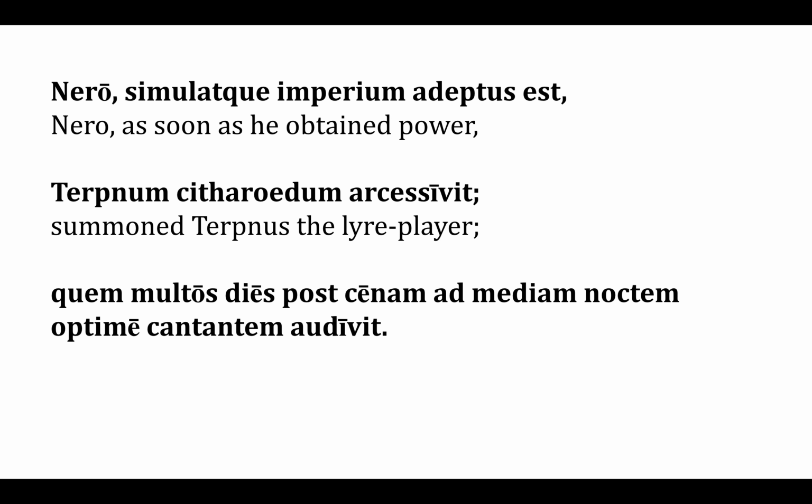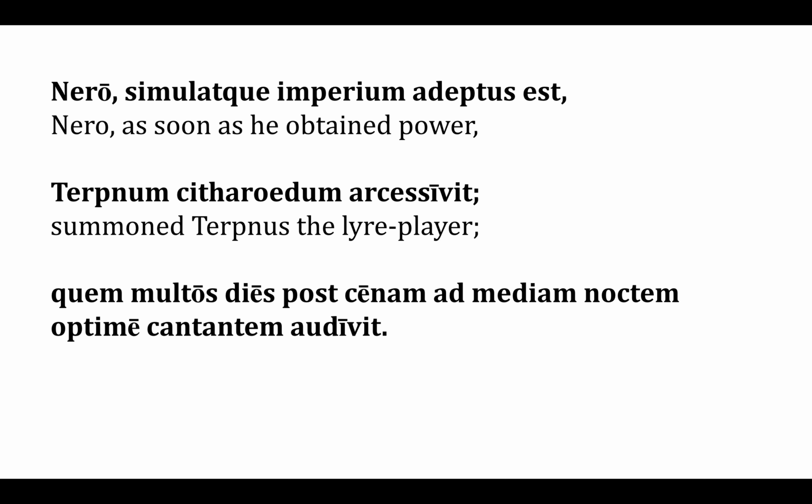But a connecting relative is essentially when Latin uses the relative pronoun that means who, where in English we would just say he or she or it. So you can treat quem as if it were eum, for example. So it means him, and it's the masculine accusative singular, so it must be the object.